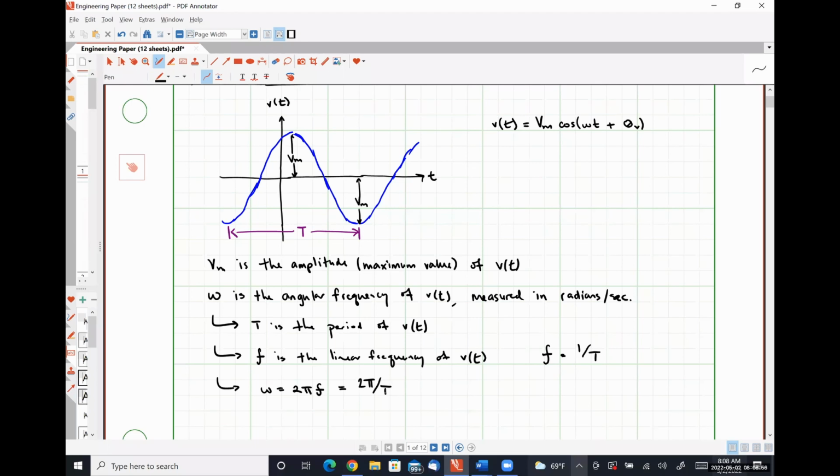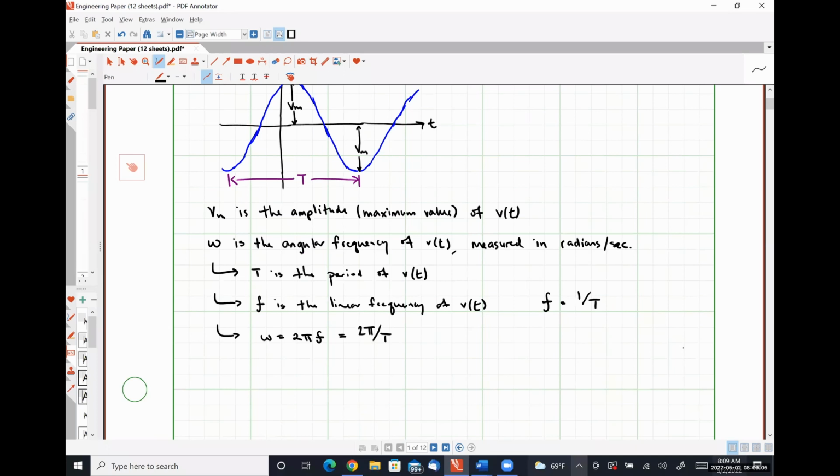Okay. T in our equation simply represents time, so I'm not going to talk about that too much. Theta v is a very important thing that you may not have been introduced yet. So theta v is the phase angle of v of t.